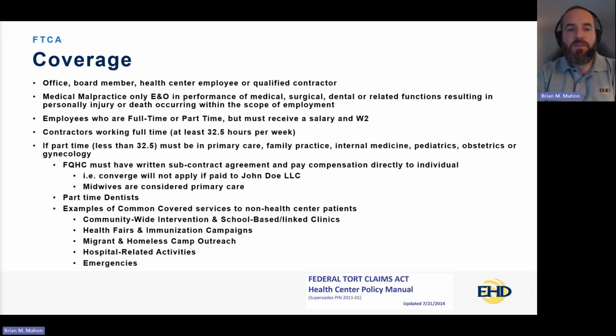There are different common covered services to non-healthcare center patients that the Federal Tort Claims Act Health Center Policy Manual talks about, which again make sense: school-based or school-linked clinics, community fairs, immunization campaigns, migrant homeless camp outreach, hospital-related activities, or emergencies, right? One thing to note is paying individual contractors. They want that to be directly to individuals, not through some sort of sole proprietor LLC.